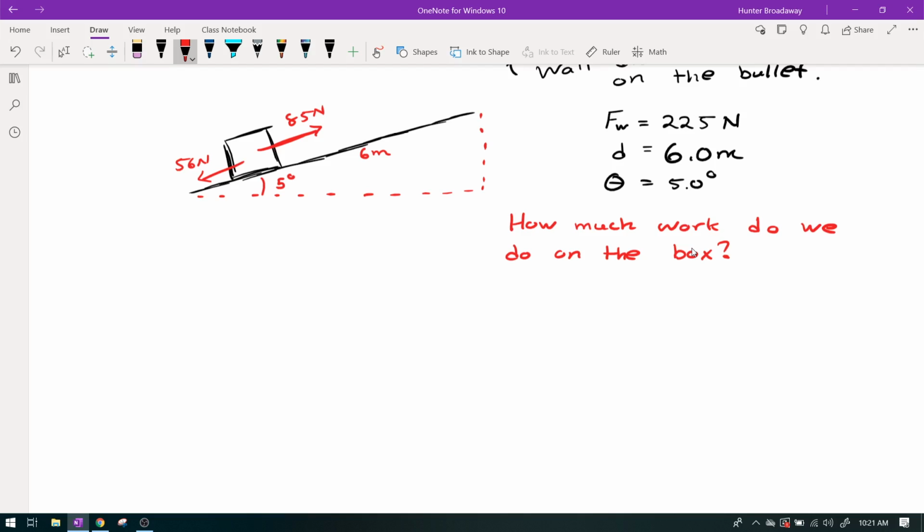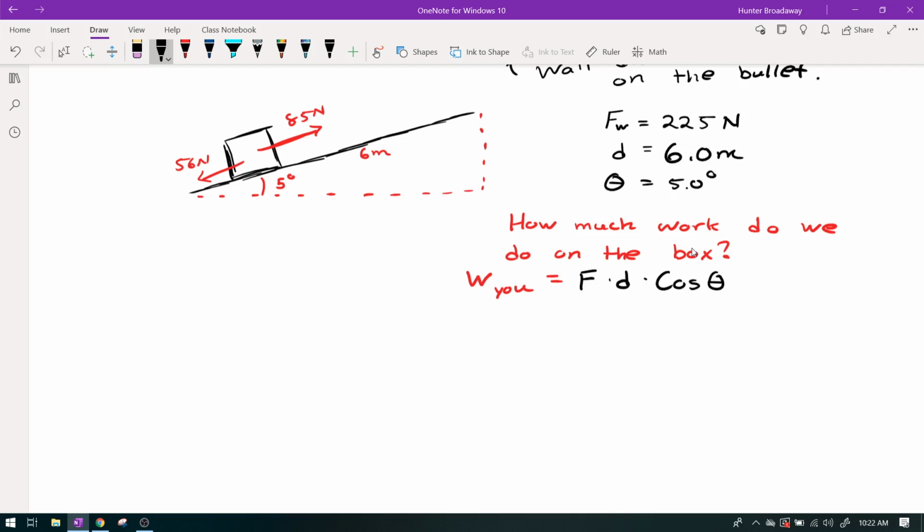I'm going to call it work U. What's the force? Because this is going to be F D cosine theta. We are asking, how much work did we do on the box?